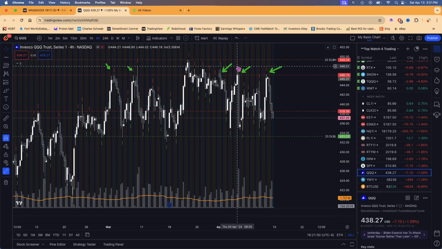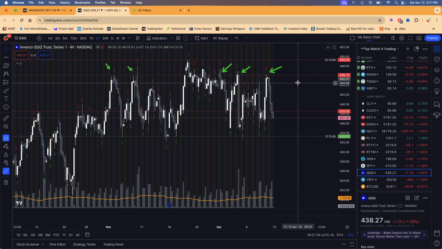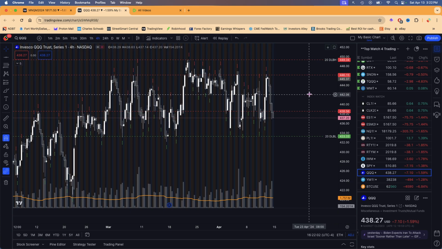That level actually hasn't really shown any support yet. So I'm still going to keep that level because intraday it has meaning most likely. I do see another level possibly in here, but let's go down to a 1 hour.